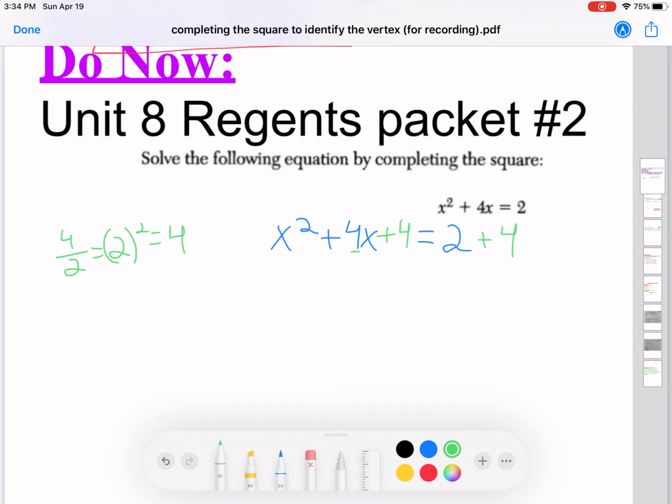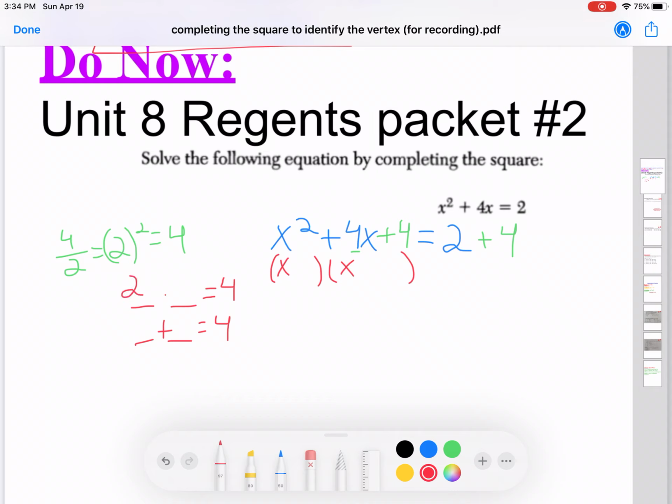Step 3 of completing the square says to factor the left side and simplify the right side. So on the left side, I notice I have a trinomial with a of 1. That's our easier type of factoring. So I'm going to set up my 2 binomials and start them both with x. And the question we always ask ourselves is what multiplies to c and also adds to b. So in this case, what 2 numbers multiply to positive 4 and also add to positive 4?